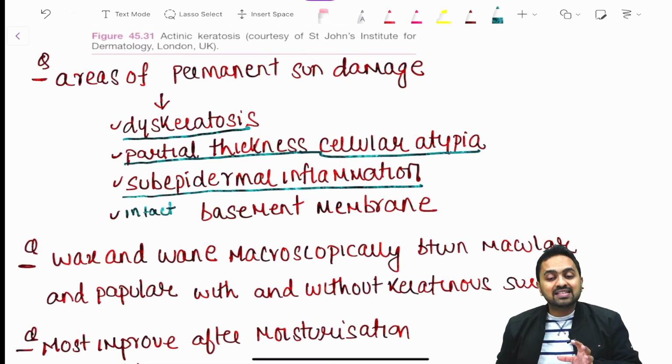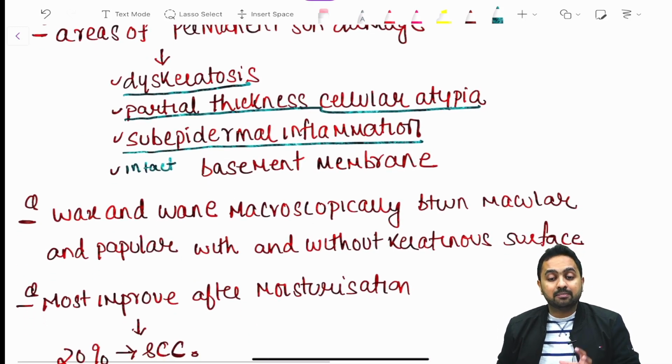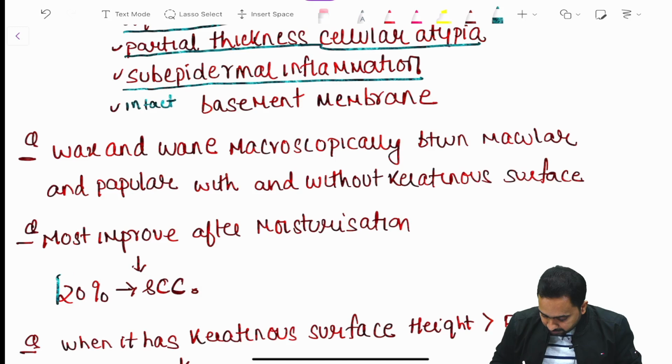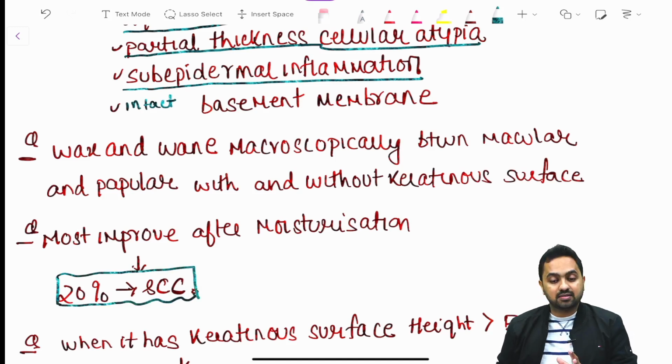They wax and wane macroscopically between macular and papular, with and without keratinous surface. They mostly improve after moisturization, but around 20% of them develop into squamous cell carcinoma.